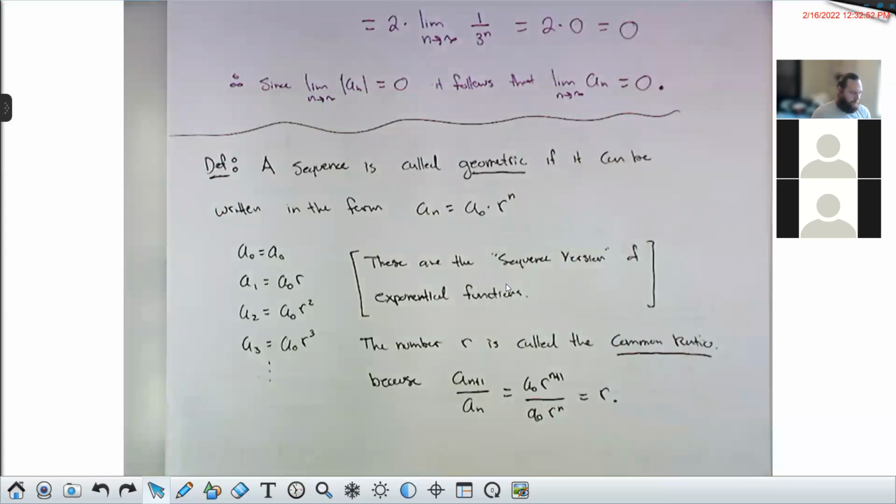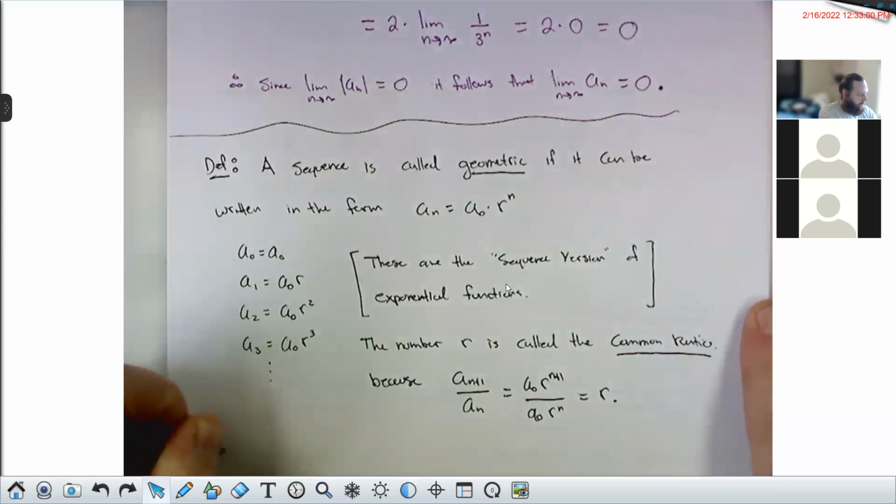The very last thing I'm going to do for you here is give you a theorem relating to geometric sequences, the proof of which would come from the theorem on absolute values.